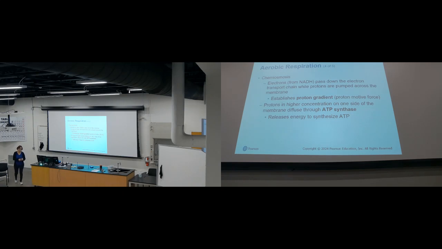Oftentimes, someone who has a serious bacterial infection ends up with anemia because these bacteria fight for the iron to make their own proteins, their cytochromes, or to make their molecules to perform their metabolism so they can live.